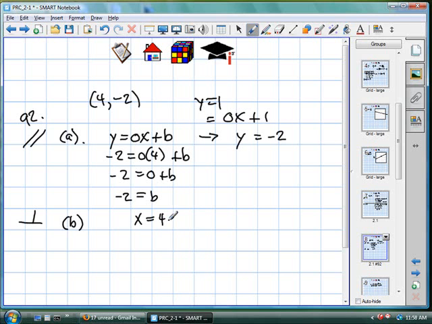So x equals -2,344 is a vertical line that crosses the x-axis at -2,344. And x equals 19 is a vertical line that crosses the x-axis at 19. And ours is a vertical line crossing the x-axis at 4. Ready to move on, or does anybody have a question?